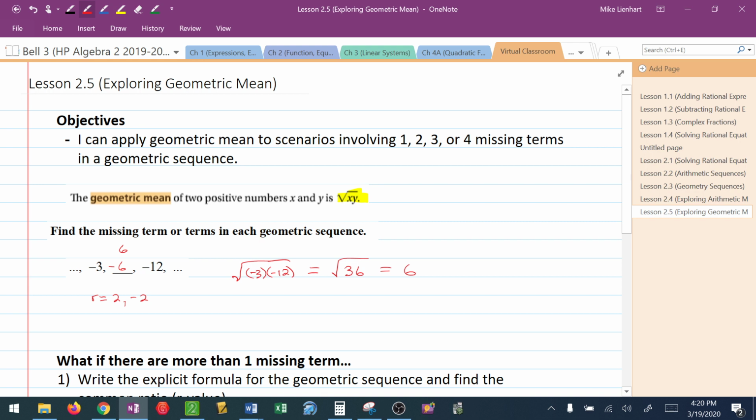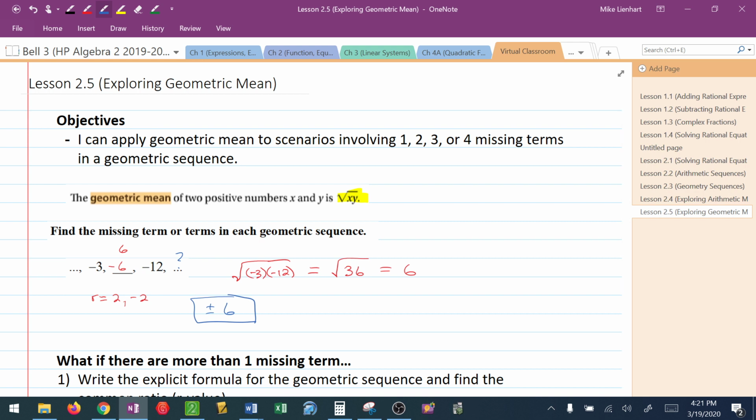So wait a minute, this is going to get a little confusing for some of us, but hopefully not. This is how you can find it when you're only missing one term. And my final answer here would be that the missing term is either going to be plus or minus 6. I don't have enough information, because I don't know what the next term is, to be able to determine whether it's a positive or a negative.